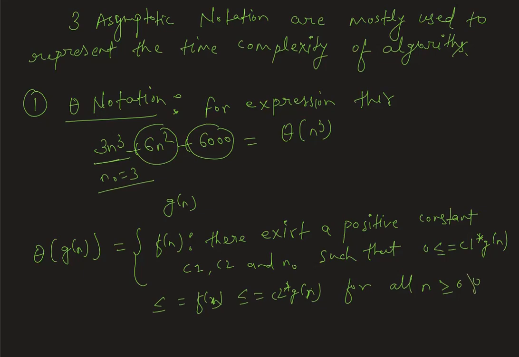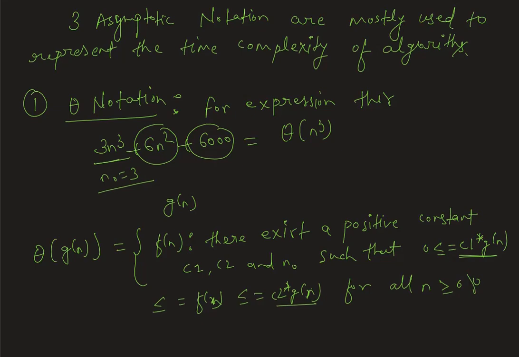This means if f(n) is theta of g(n), then the value of f(n) is always between c1 into g(n) and c2 into g(n).